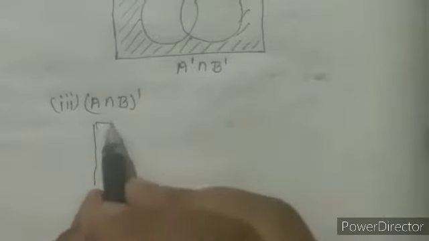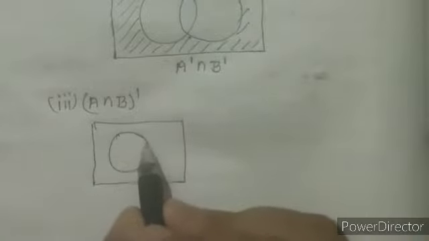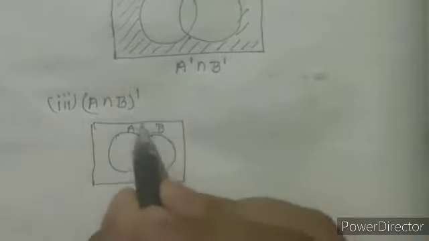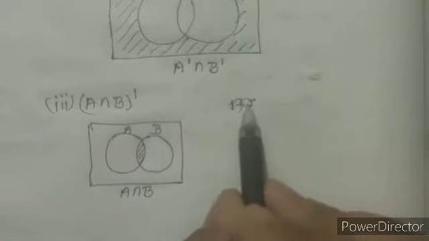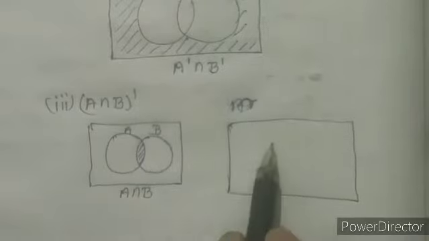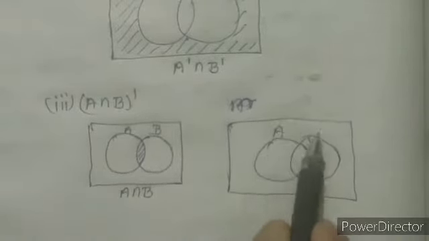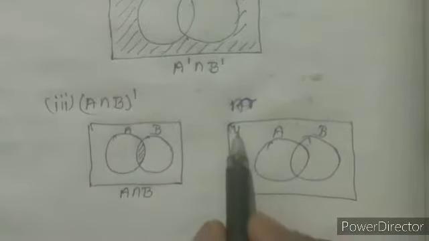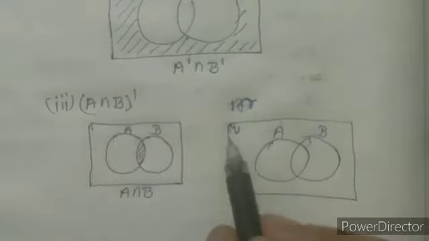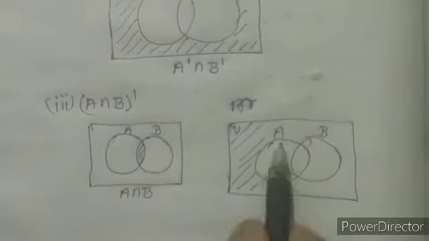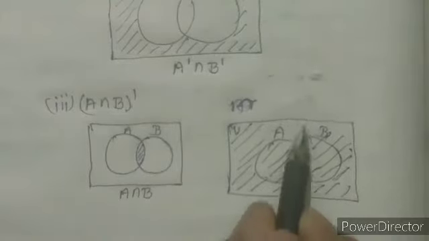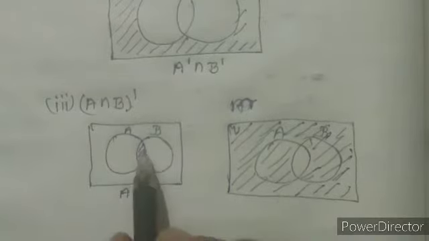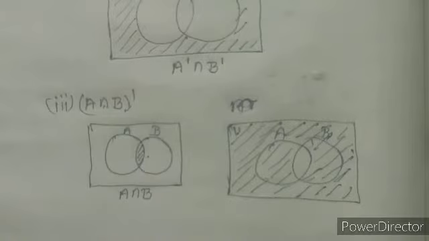First of all, A intersection B. Suppose this is set A and this is set B. A intersection B will be the common elements of A and B. Now (A intersection B) complement will contain all the elements of the universal set except A intersection B. So we'll shade the whole region of the universal set except the common part of A and B, that is A intersection B. Similarly, we can find A complement union B complement.